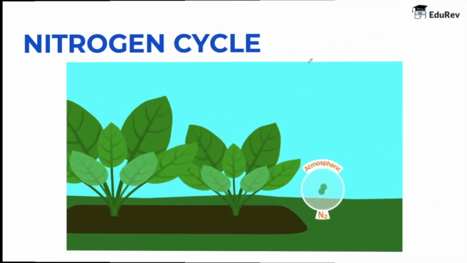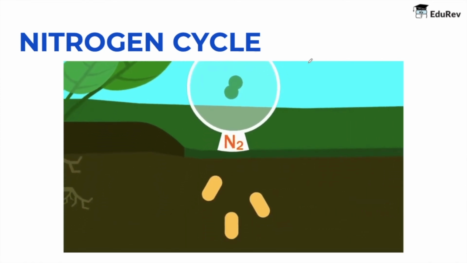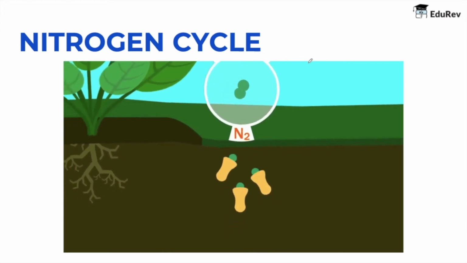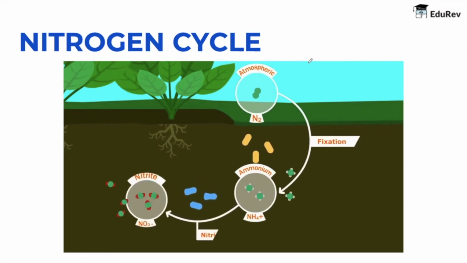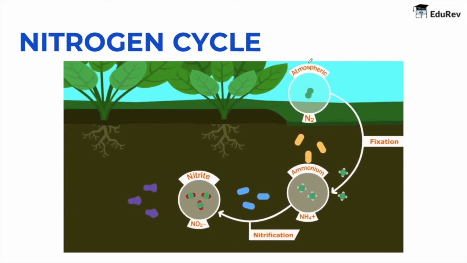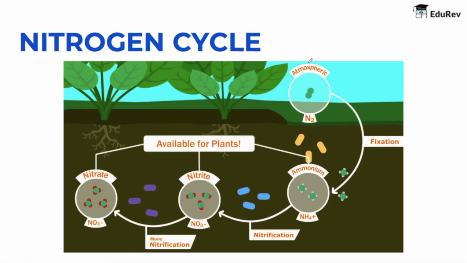Let's move on to the nitrogen cycle. As you can see on screen, there is nitrogen in the atmosphere and it's fixed by the bacteria. This is because plants cannot take up nitrogen in the form of atmospheric nitrogen. It needs to be converted into a form which is readily absorbed by the plants.